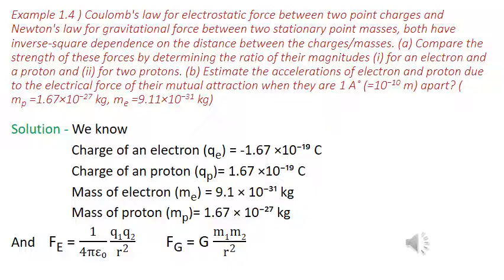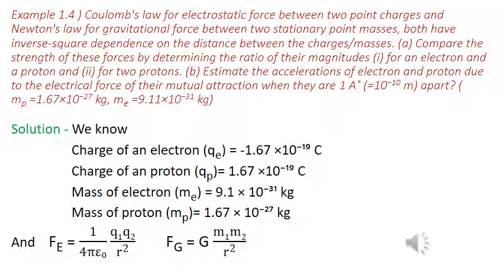And in second part, we have to calculate the acceleration of electron and acceleration of proton due to electrical force acting between them. In this question, it is given that the mass of electron is 9.1 into 10 to the power minus 31 kilogram and mass of proton is equal to 1.67 into 10 to the power minus 27 kilogram.